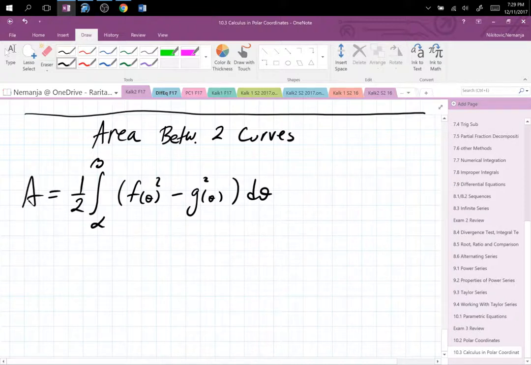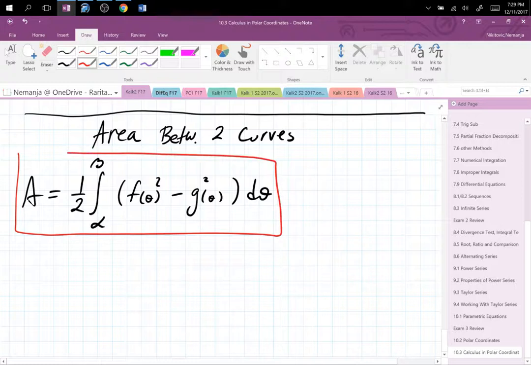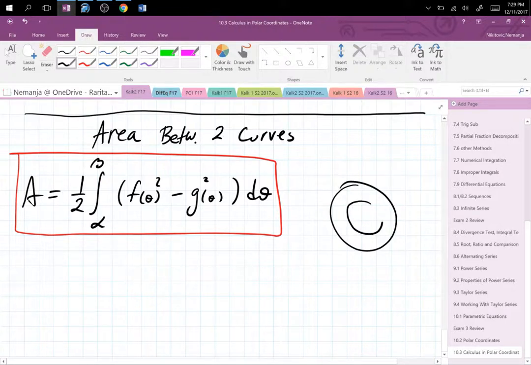And again, we are going to understand this by observing the annulus. So these are the circles inscribed like that. And then this one is the f of theta, and the one on the inside is g of theta.